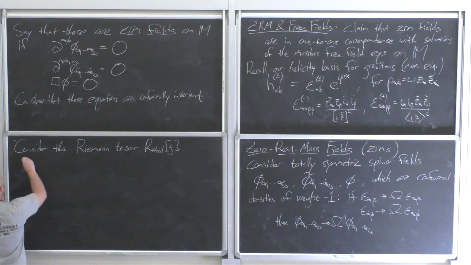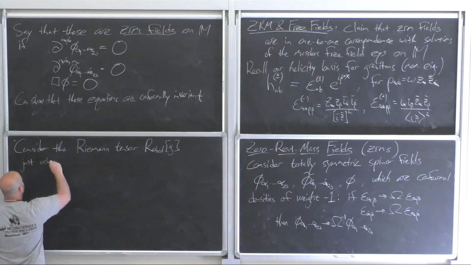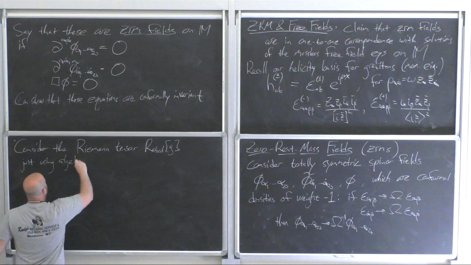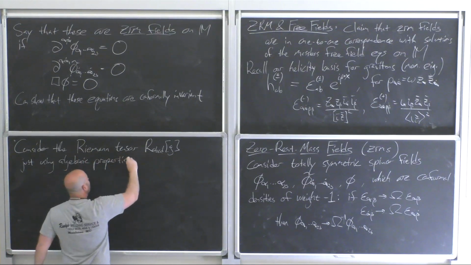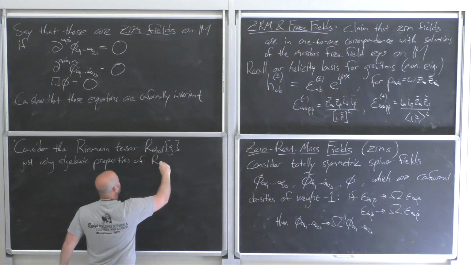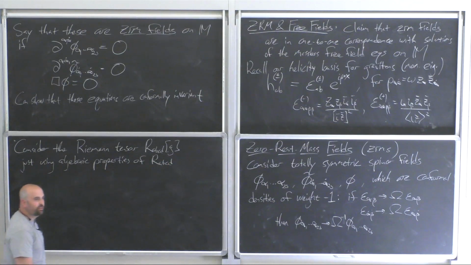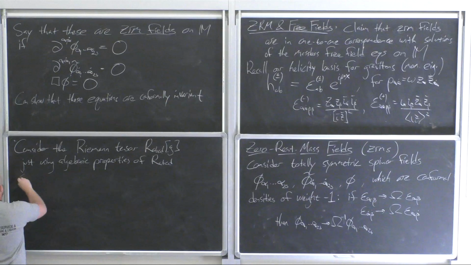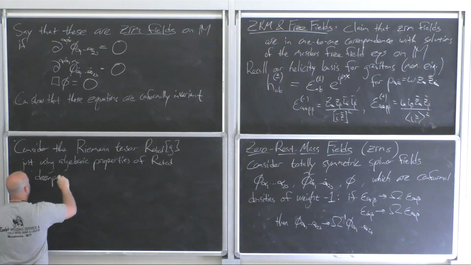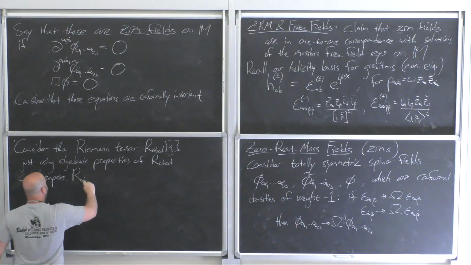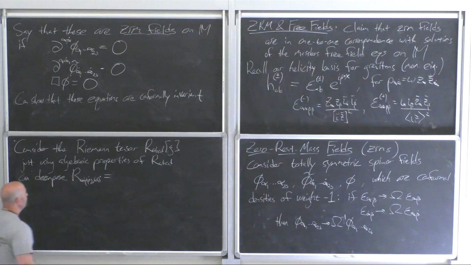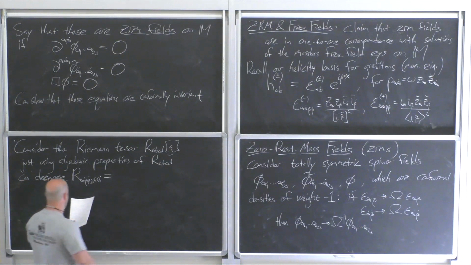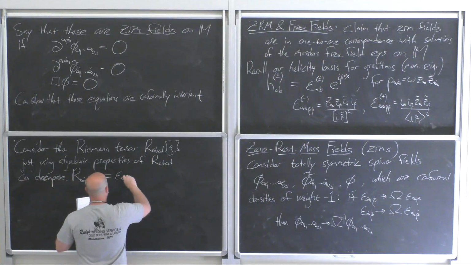So just using algebraic properties of the Riemann tensor, I know we can decompose R alpha alpha dot, beta beta dot, gamma gamma dot, delta delta dot into a bunch of SL2 irreducibles which have the following form.